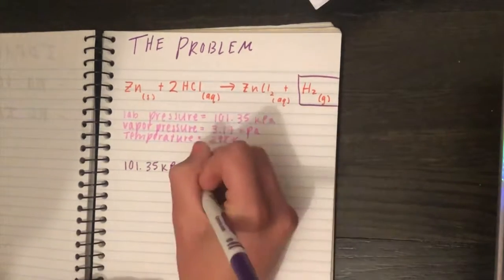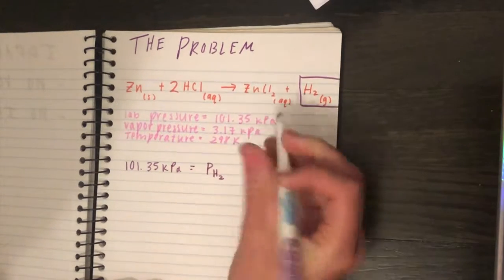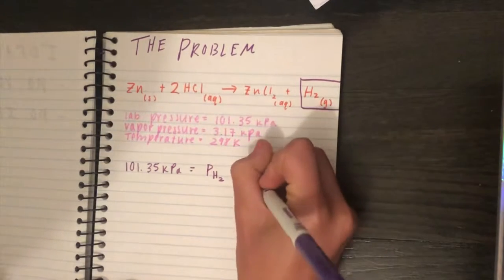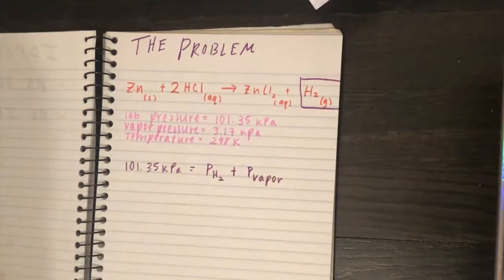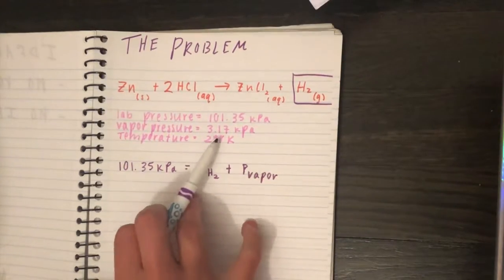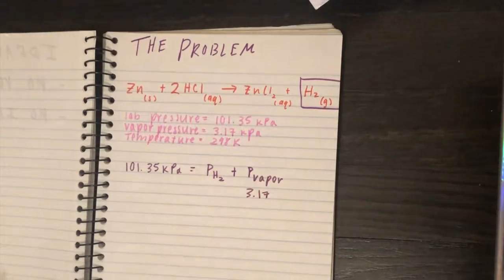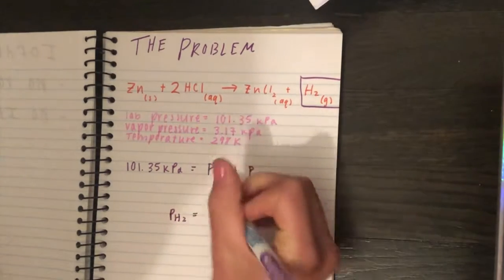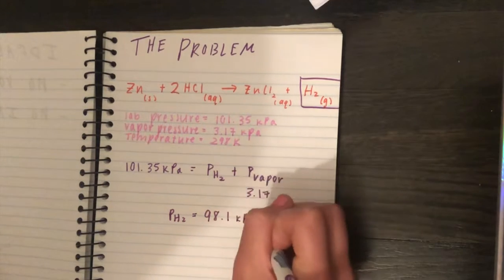Now let's set that equal to the partial pressure of hydrogen plus the partial pressure of the water vapor. Now, since we know that this is 3.17, we can plug this in right here and do some quick maths to find that the pressure of H2 is equal to 98 kilopascals.